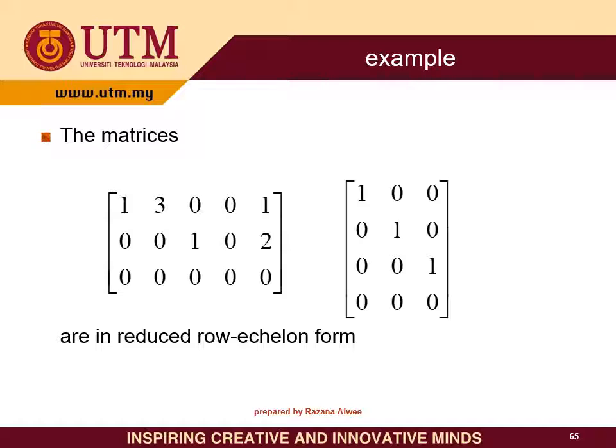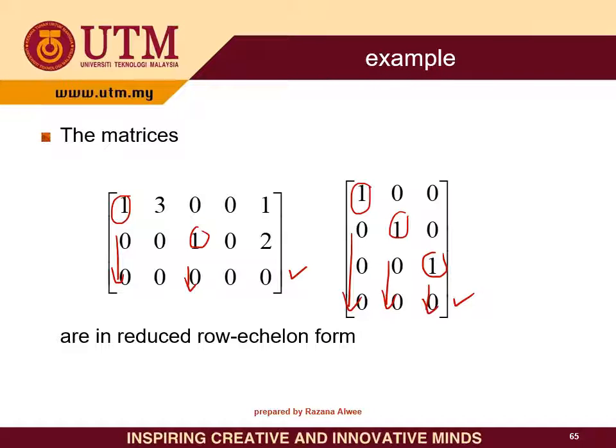This one is also a reduced row echelon form. Why? Because it satisfies all the row echelon form conditions, whereby the all 0 row is the last one, the leading entries go to the right, and under each one is 0.